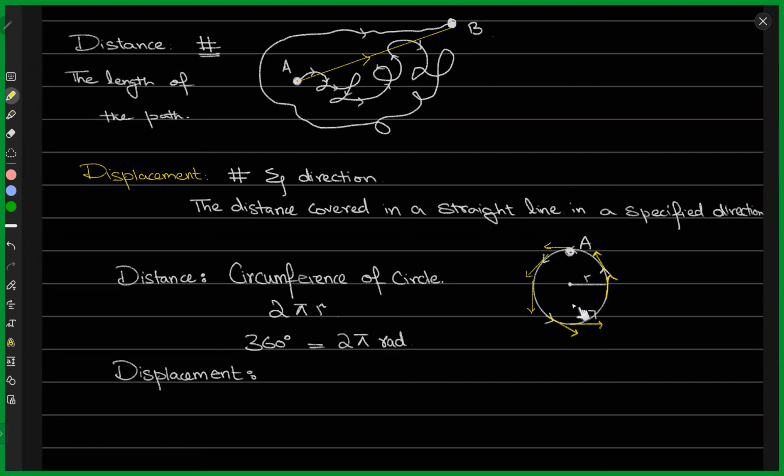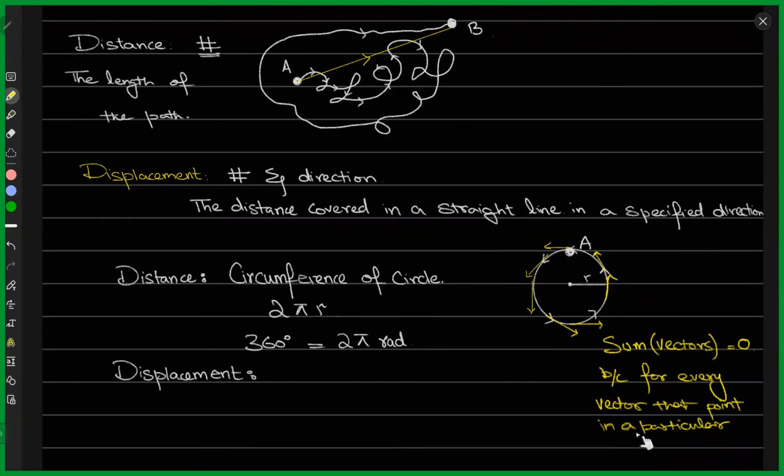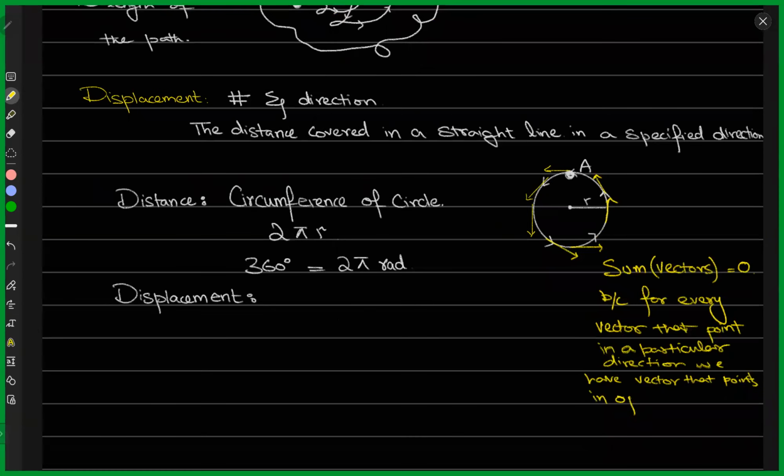Yes. So is that clear? Right. So that's why you can say that the sum of all these vectors would be 0, because, again, like I said, for every vector that points in a particular direction, we have another vector that points in the opposite direction.